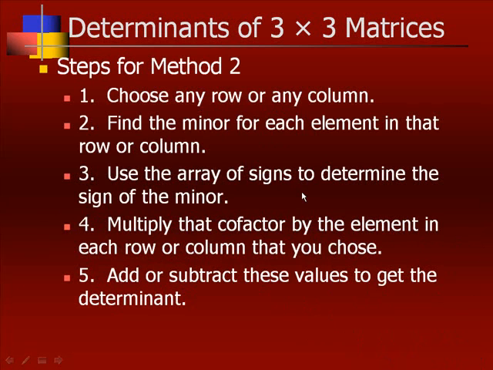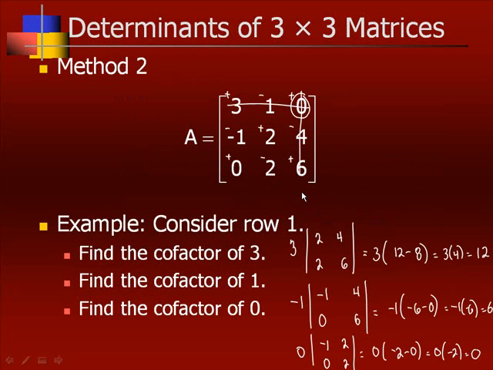So, now let's think about the steps for method 2. Choose any row or any column. Find the minor for each element in that row or column, just like we did on the other side. Use the array of the signs to determine the sign of the minor. Multiply that cofactor by the element in each row or column that you chose. Add or subtract these values to get the determinant.